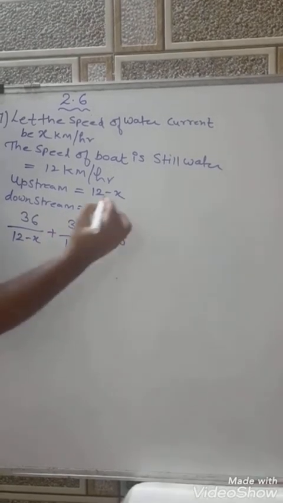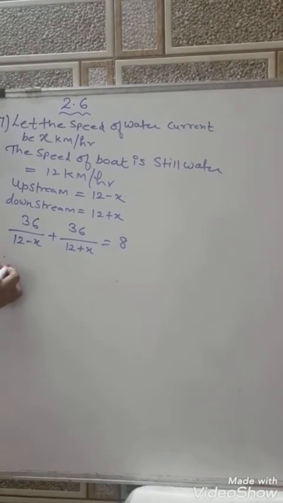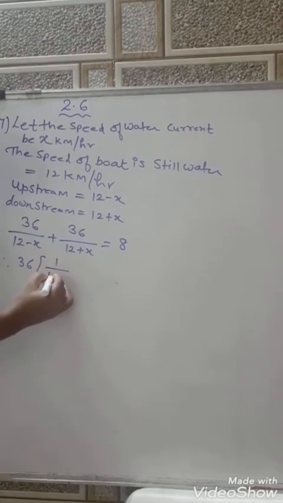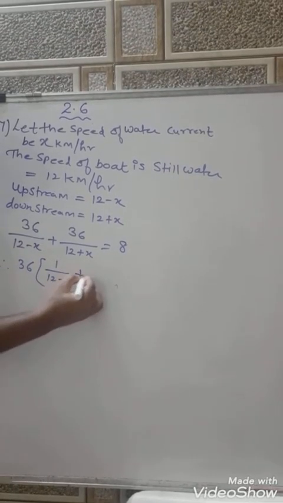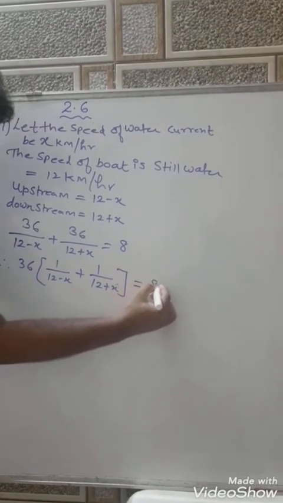It takes 8 hours to complete the journey. So here we take 36 common. It remains 1 upon 12 minus x plus 1 upon 12 plus x, that equals 8.